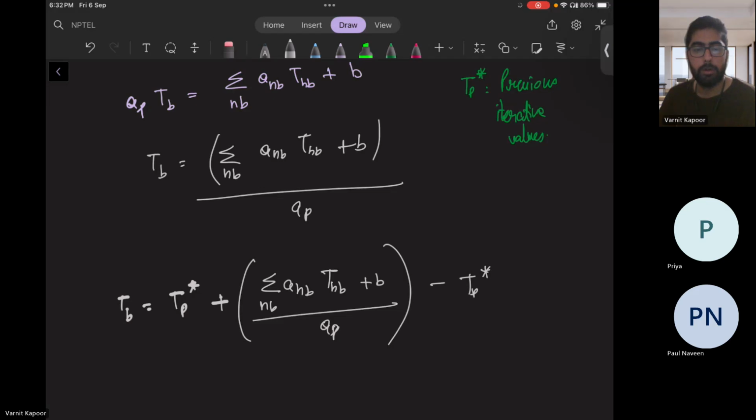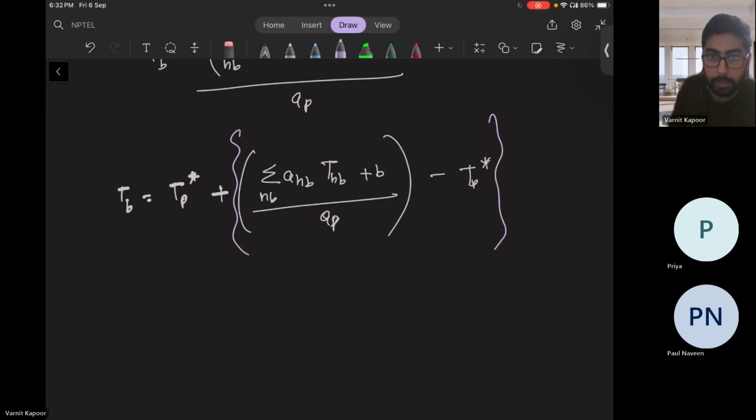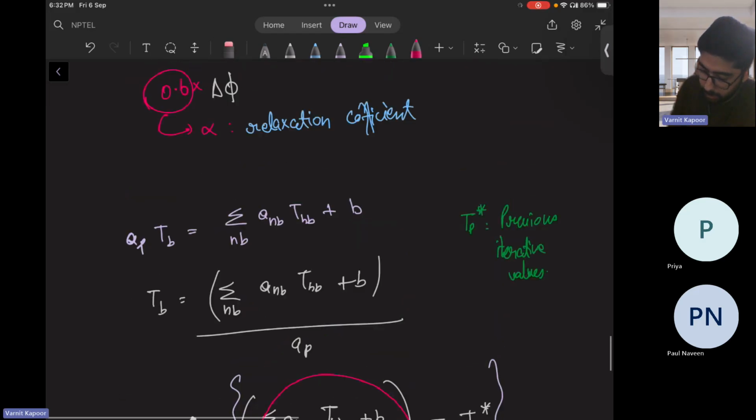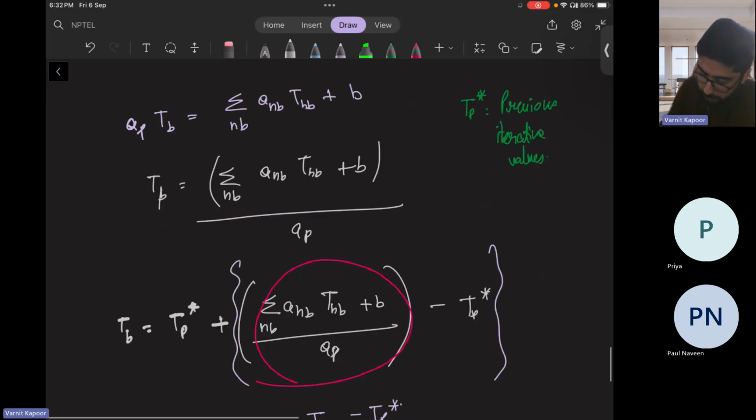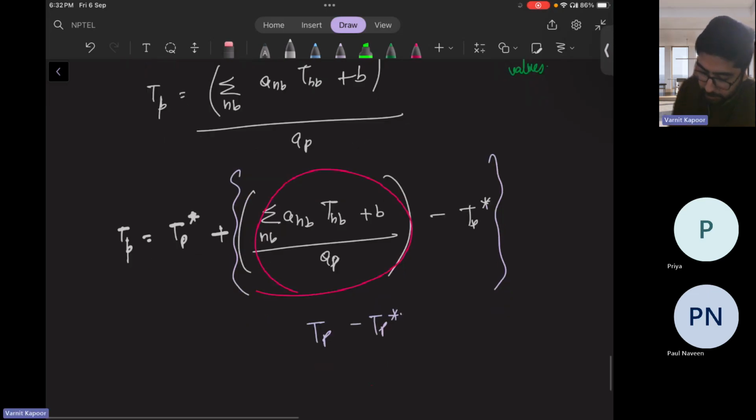Now, what is happening? Change in TP in the current iteration, if you observe, if I bracket here, this is nothing but TP minus TP star, because this term was TP only.